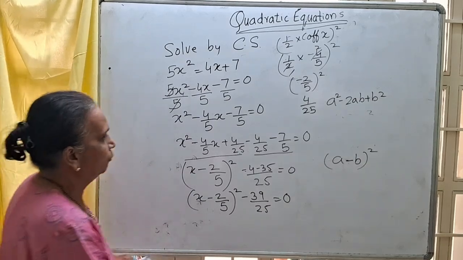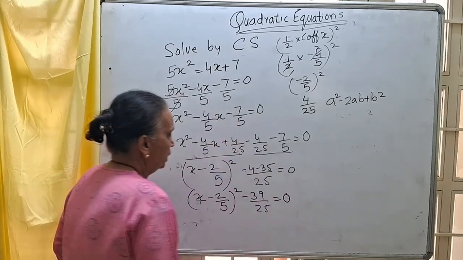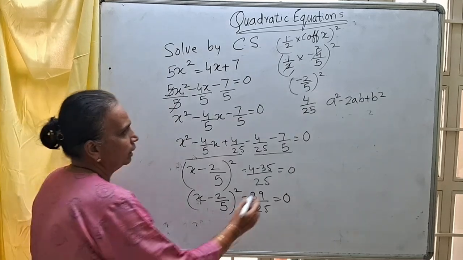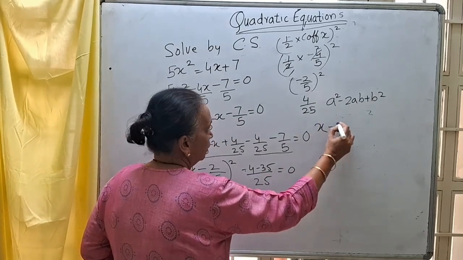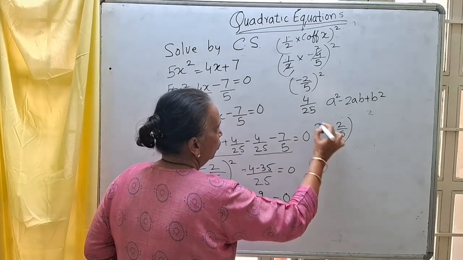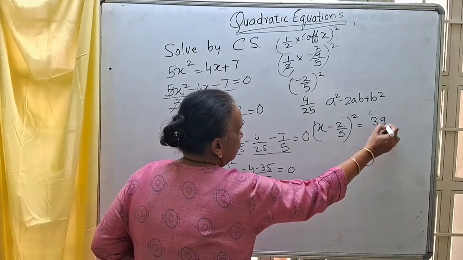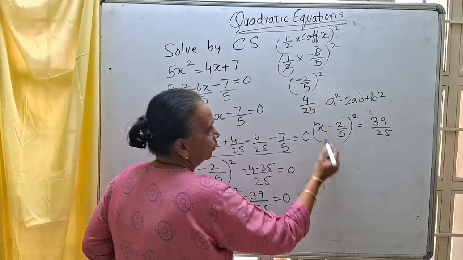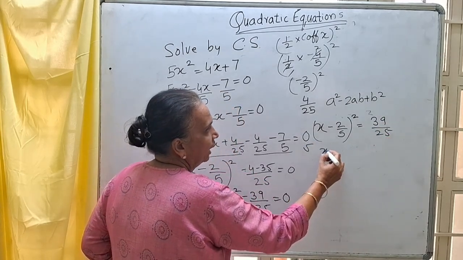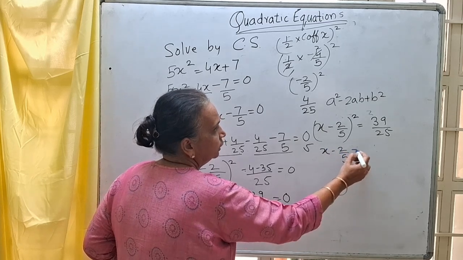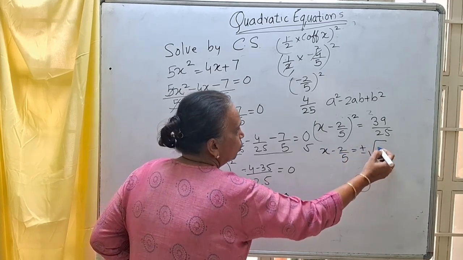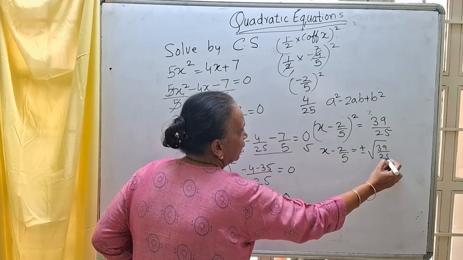Now I'll continue further. Variable on one side, number on the other side: x minus 2 upon 5 the whole square is equal to 39 upon 25. Taking square root, x minus 2 upon 5 is equal to plus or minus root 39 upon 25.